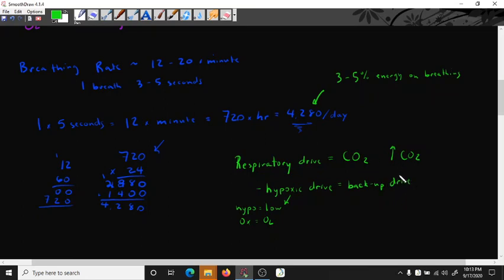Certain people with certain conditions, which we'll talk more about in a different video, get accustomed to elevated CO2 levels, to where their body really can't sense that it's too high. That's going to be in COPD and maybe some people with CHF. They take a breath because they're getting low, they're getting hypoxic, which is already really bad for you.